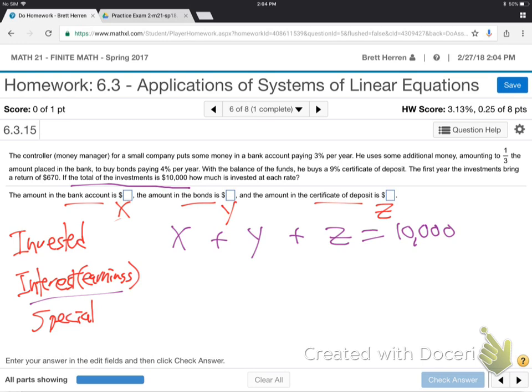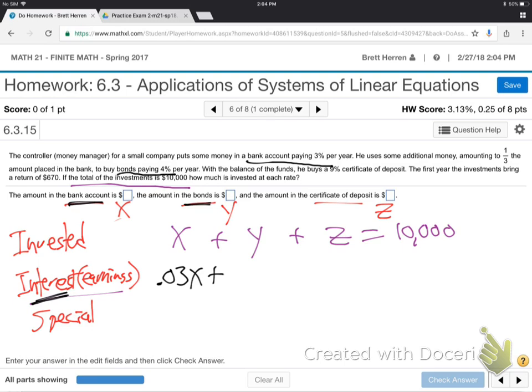So what's the percentage for the bank? The bank, 3%, 0.03x. Good so far? Because this is going to be interest, right? How do you figure out how much you earn? Well, it's the percentage. If you put $1,000 in the bank and they're paying you 3%, it's 3% times 1,000, isn't it? So that's where the percentages come in. Okay, the Y. Well, the Y is the bonds. What does it say about bonds?